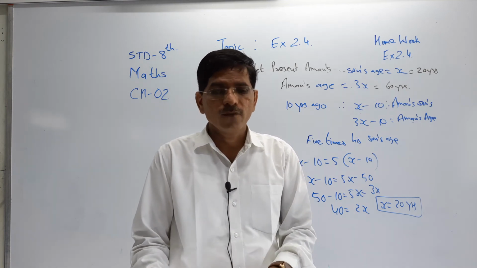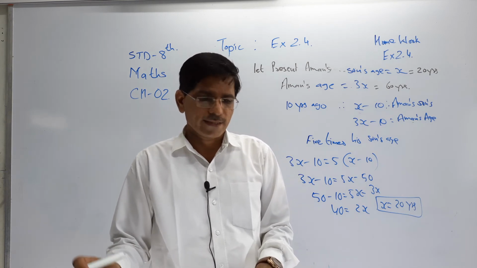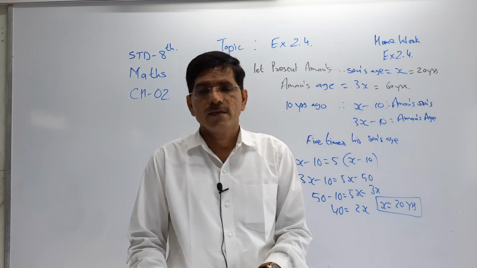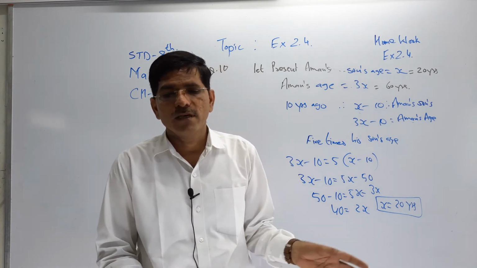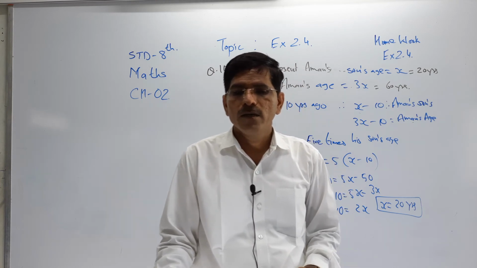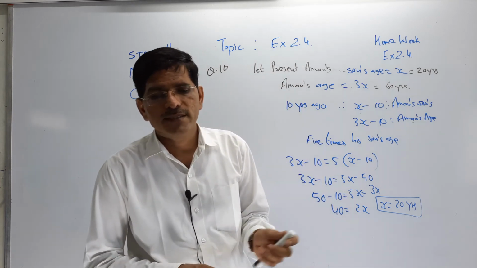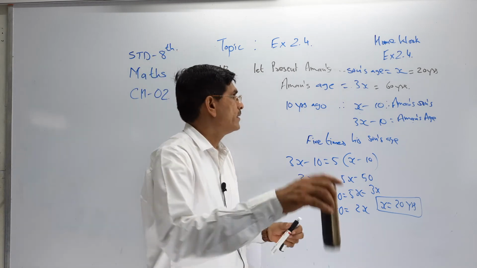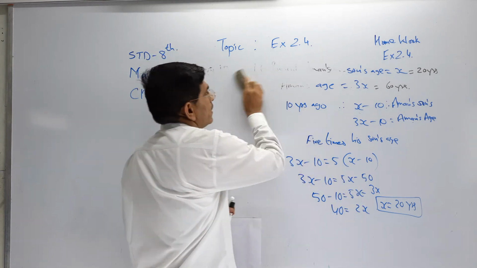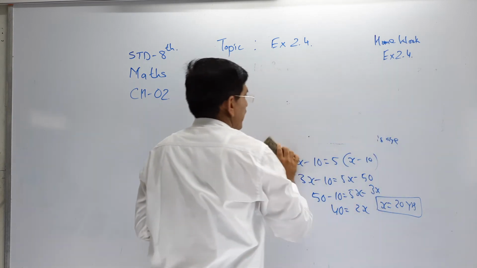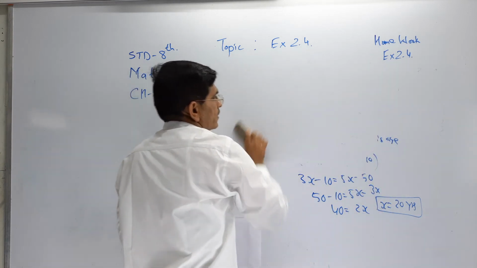Now we try some examples, because there are two important examples. One example is related to Arjun and Shreya. Arjun is twice as old as Shreya. That also we can do now. One example I am explaining. The important thing is to try to do it yourself.